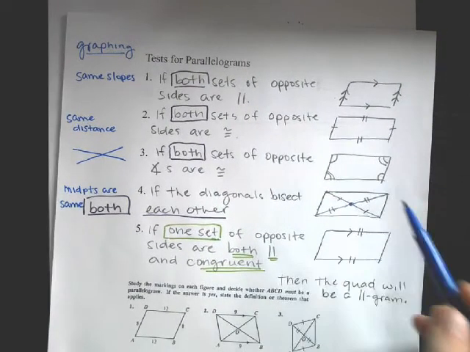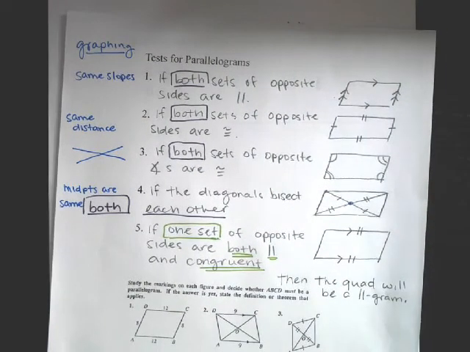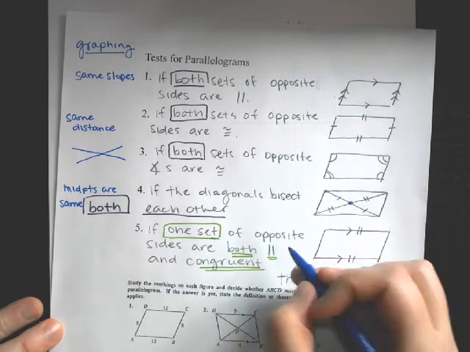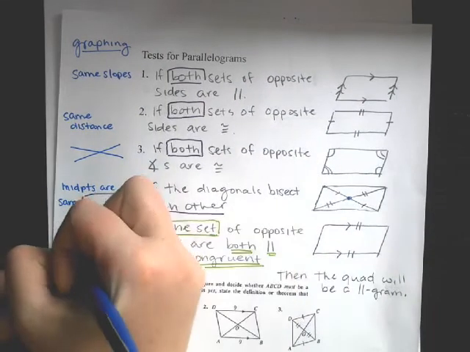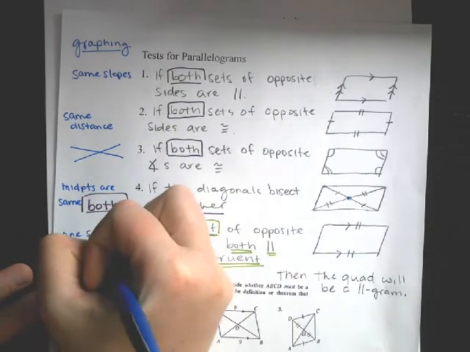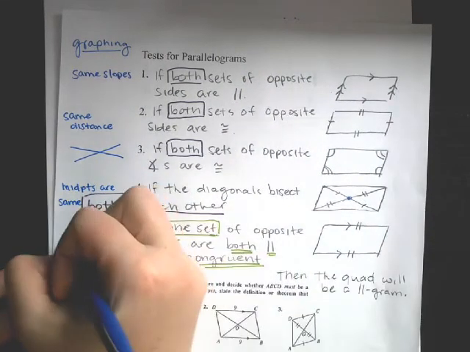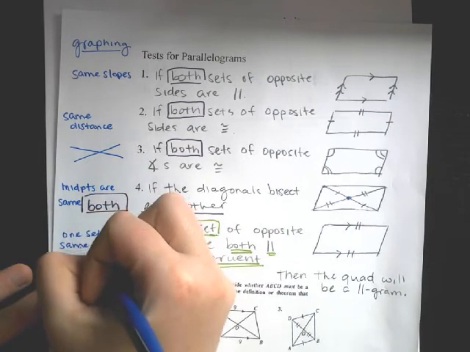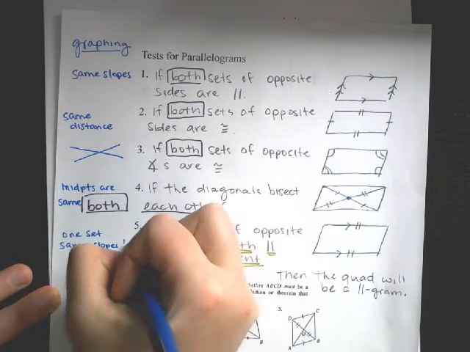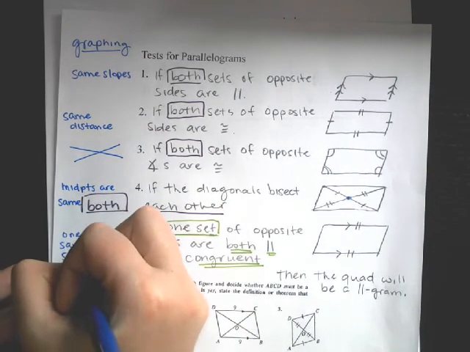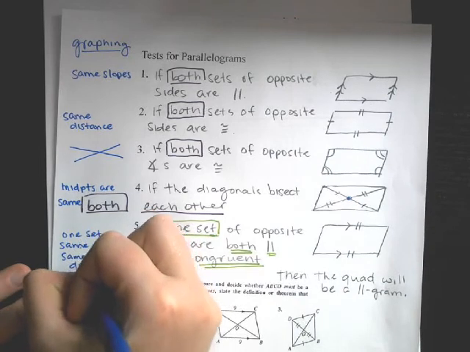All right, we'd have to find the midpoints here and find the midpoints here. And that would tell me if it's a parallelogram or not. And then finally, the last one is both parallel and congruent. So we would be looking at one set with both same slopes and same distance.